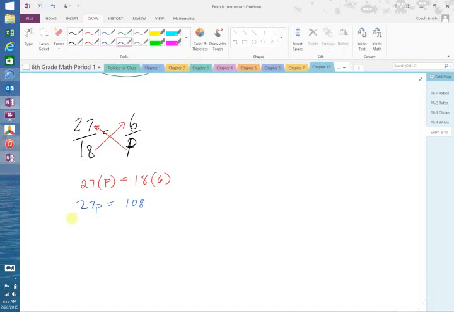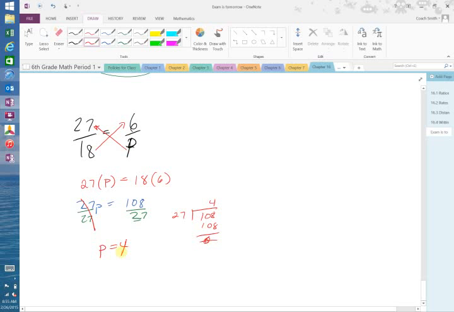To solve that, we simply divide by 27 to both sides. That cross cancels. P is equal to 27 goes into 108 4 times. That would be 108, remainder 0. So P is equal to 4.